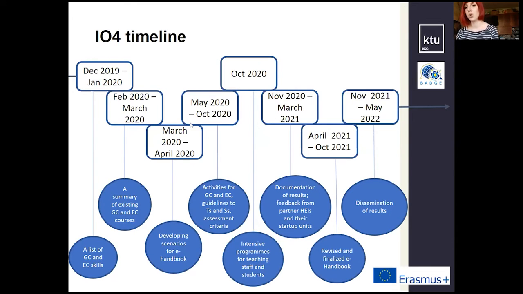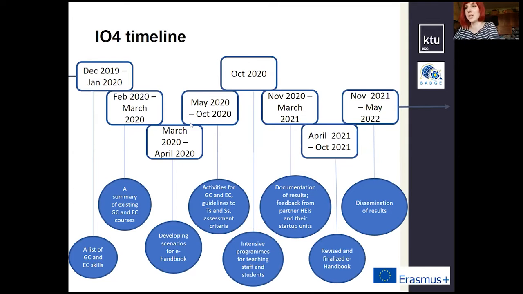And then we conducted a survey with the teachers from the universities who are working on this IO. We conducted a small scale survey to find out what kind of global competences or entrepreneurial competences teachers are trying to develop, and what kind of courses there are, and what kind of specific exercises and tasks there are.